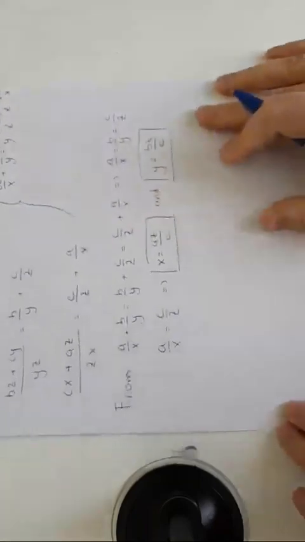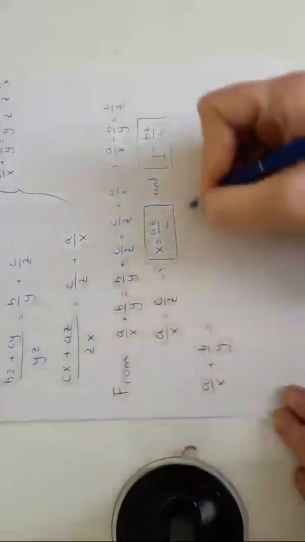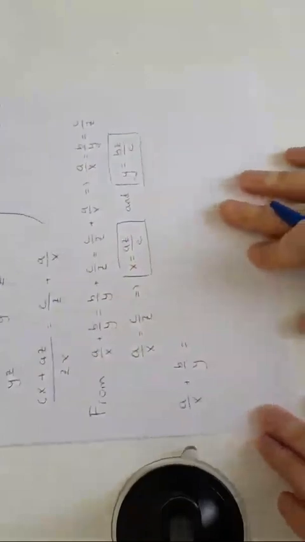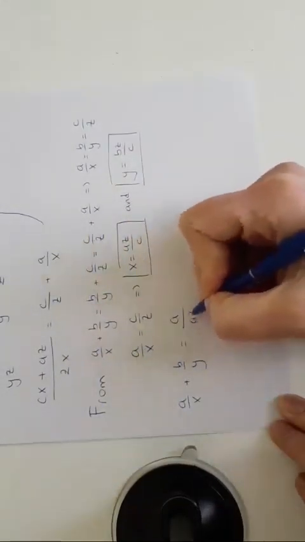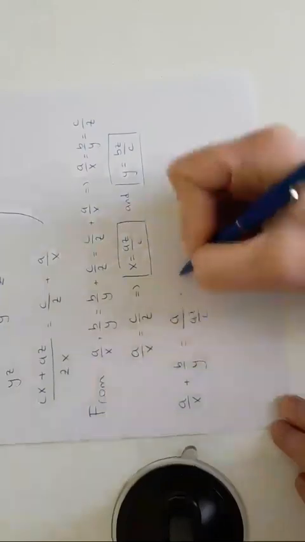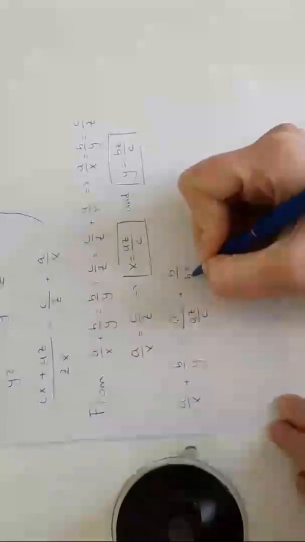Firstly, I will write here a over x plus b over y. Instead of x and y, I will write these two expressions, and I will get a over (az over c) plus b over (bz over c).